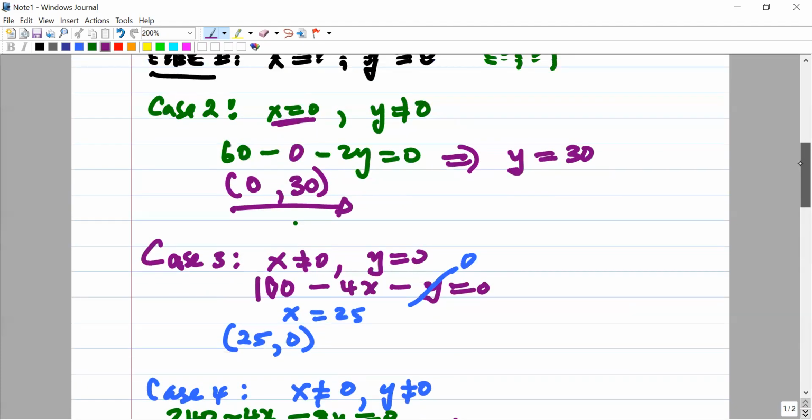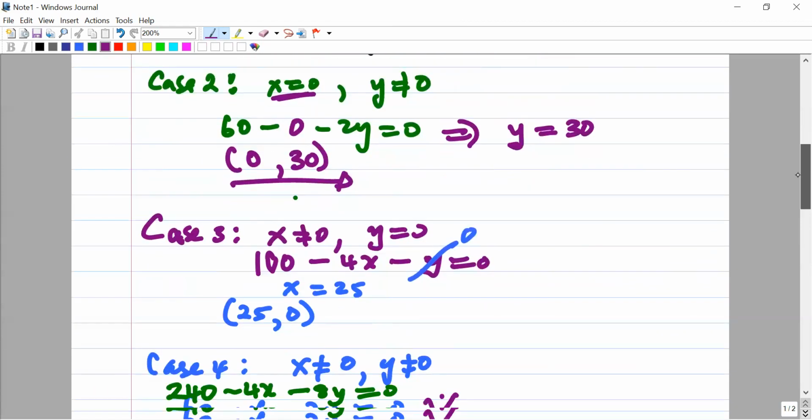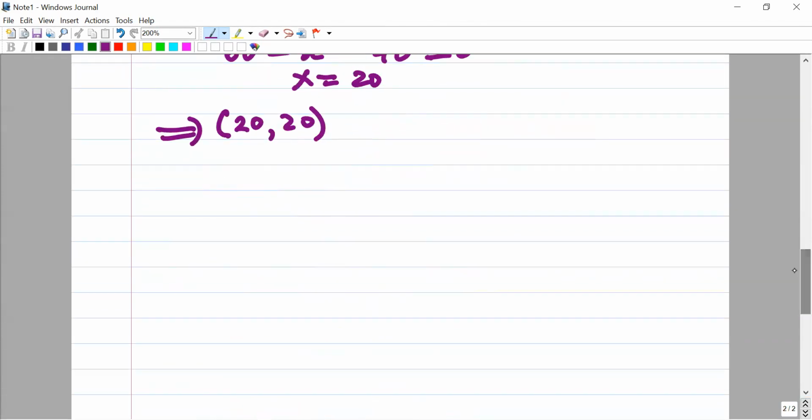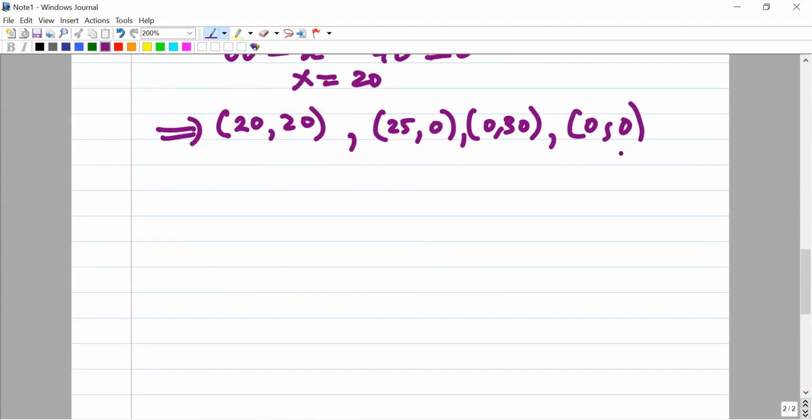So let's list them. We have (0, 0), (0, 30), (25, 0), and (20, 20). Here x and y are both 0, which is more like both of them are not there.